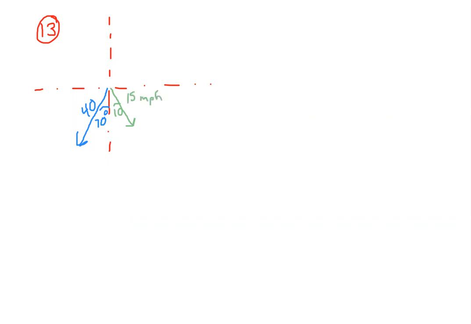So let's see how we can do this. For our first one, it's going to be 40, and what's our angle going to be? Our angle is going to be from here all the way over to here. Since this is 70, this over here has to be 20 plus 180. So that's going to be 200.